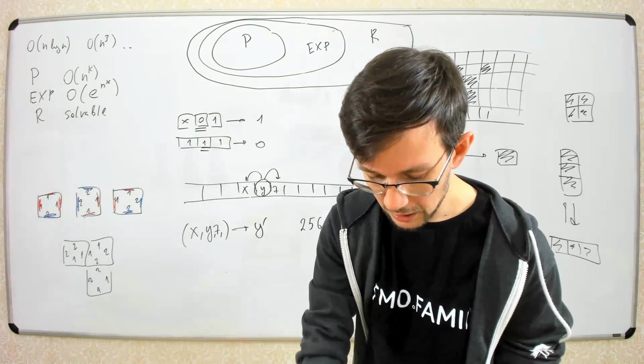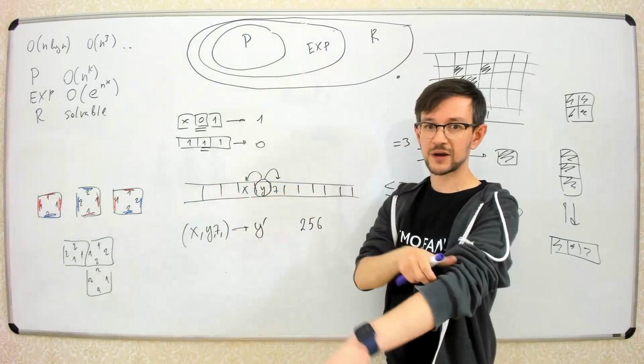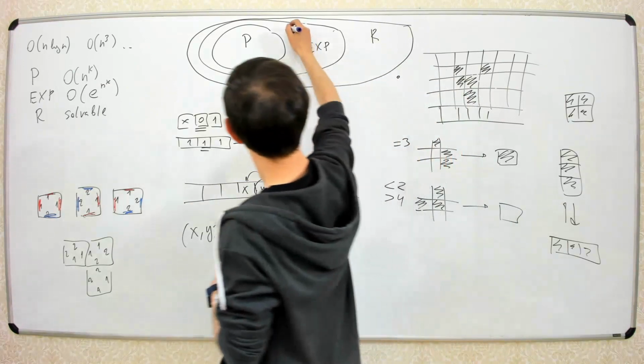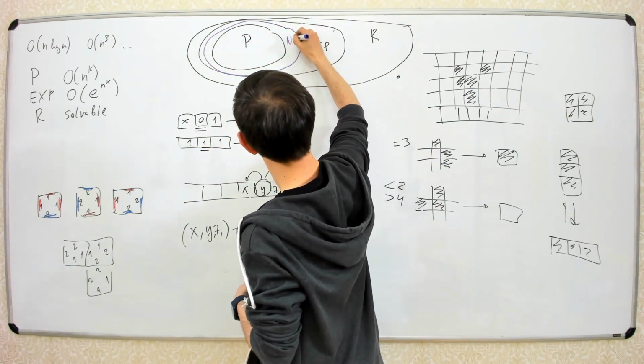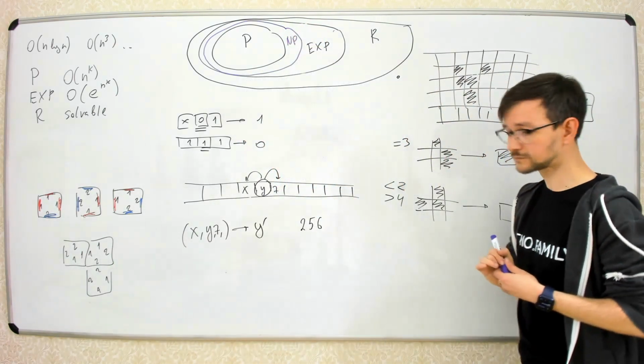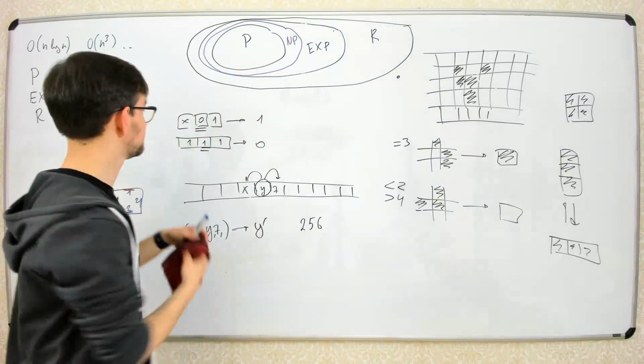When you explore this region, you find the NP class. So between these two classes, there is a special class called NP. That's another interesting class.